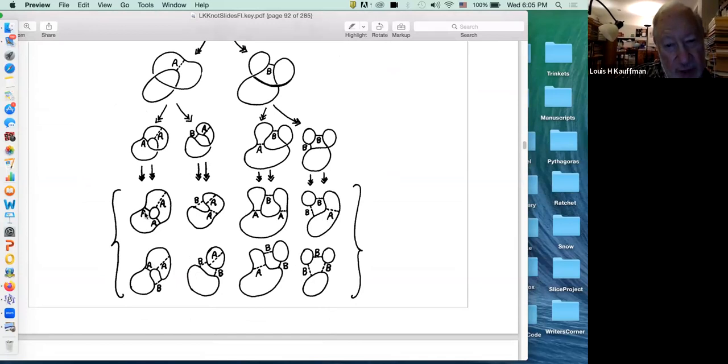And for each one, if you record whether it's an A-type smoothing or a B-type smoothing, then you can look at the state itself and read the contribution to the polynomial from the state. Like in this case, it's A cubed times the loop squared. And in this case, it's A squared times B times the loop, and so on.